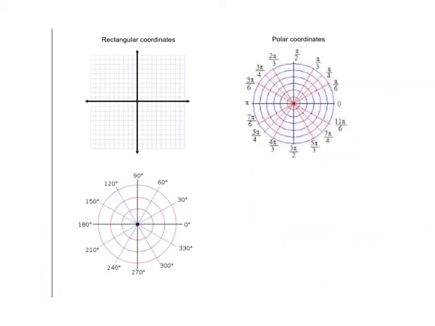I wanted to show you the differences between the rectangular coordinate system and polar coordinate system. You'll notice that the rectangular coordinate system is more like this. And so you would go over x up y. So if I had a particular point, say right here, then I would go over x and up y to get to that point. So rectangular coordinates are going to be x, y. Polar coordinates, on the other hand, are r, theta.